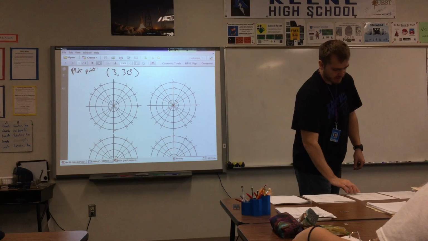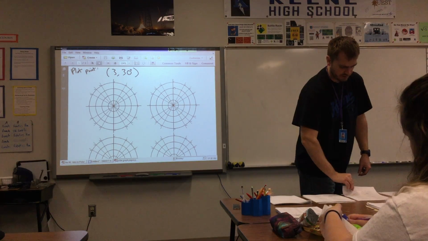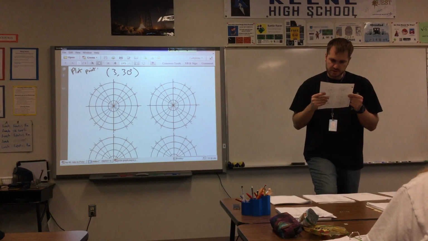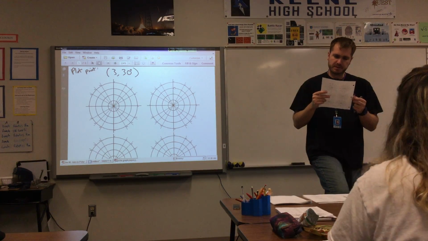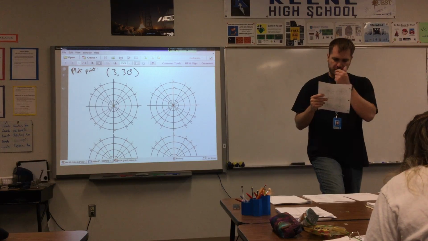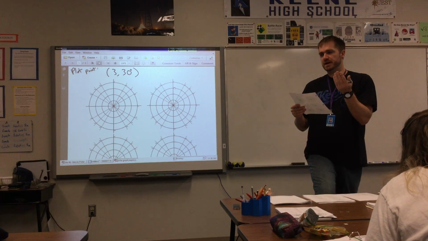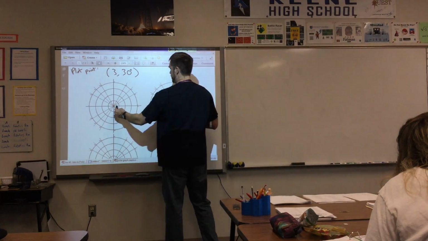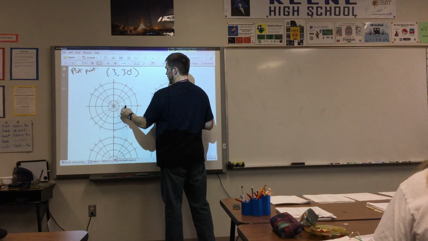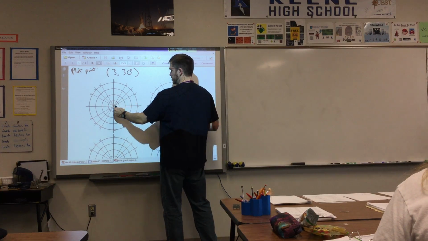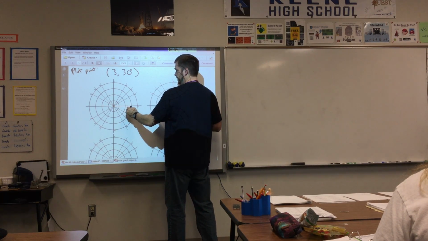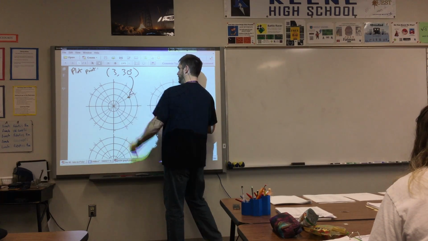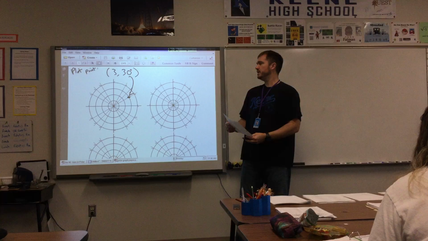The polar graph paper that I found online has the radians marked, but when they copied, they came out really small. But 30 degrees is pi over 6, which is that first little line right here. And we're going to count out 3 units, so 3 circles. So 1, 2, 3, and then up 30 degrees. There it is. That's the point.